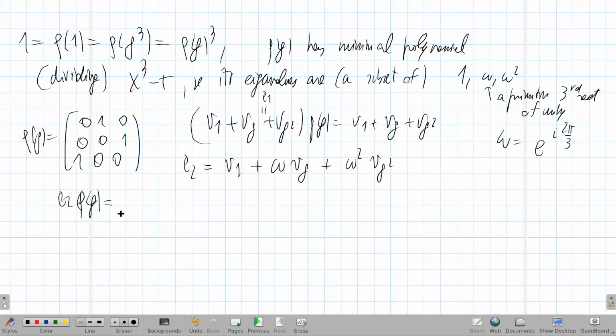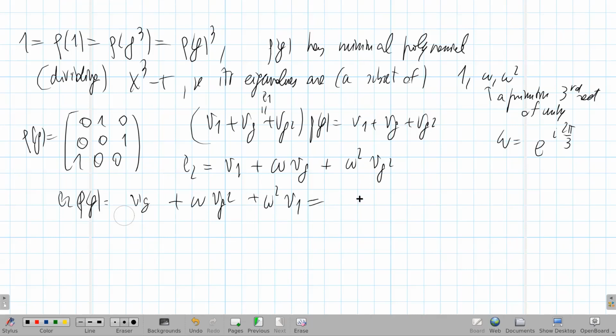So rho g, what does it do? It sends quite naturally V1 to Vg, Vg to Vg square, and Vg square to V1.